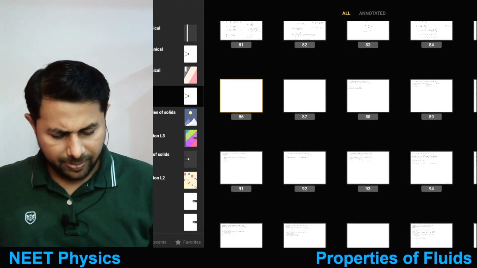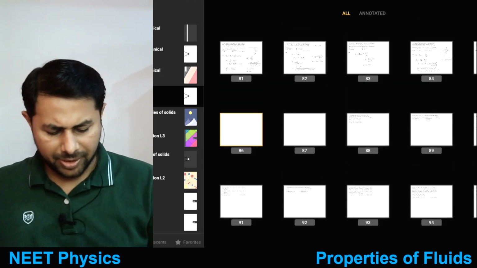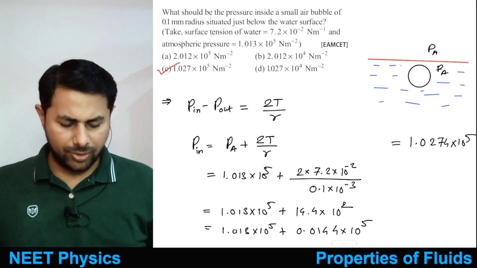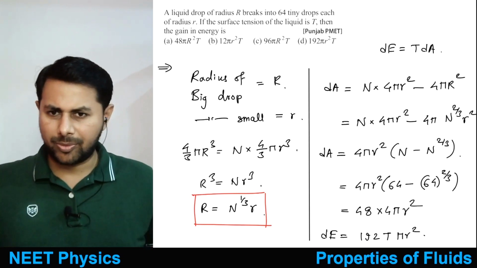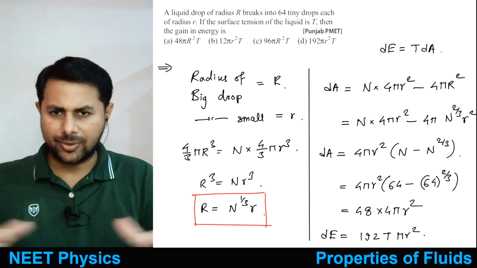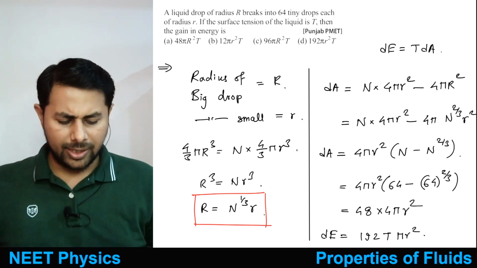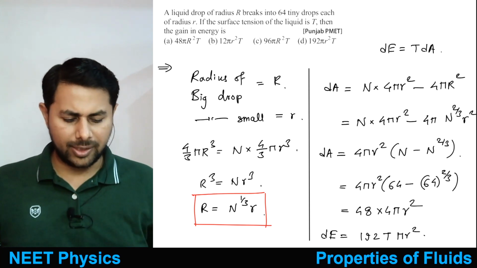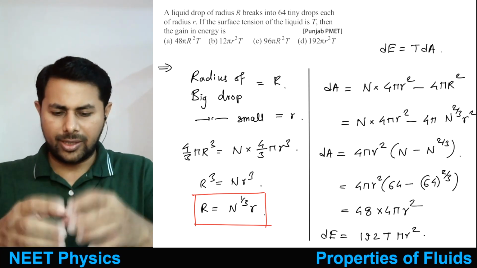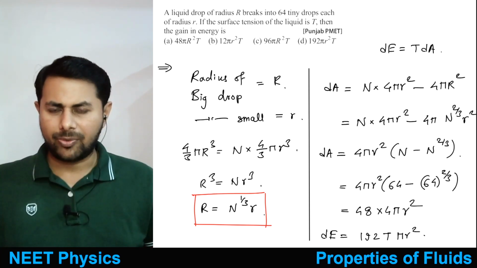And then, depending upon whether a drop is breaking and n number of drops are formed, or whether n drops coalesce to form a bigger drop, we can find out the change in area. If a drop breaks and n drops are formed, then the final area would be greater than the initial area.